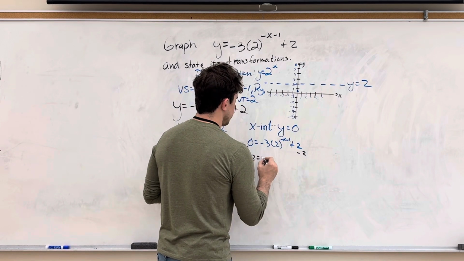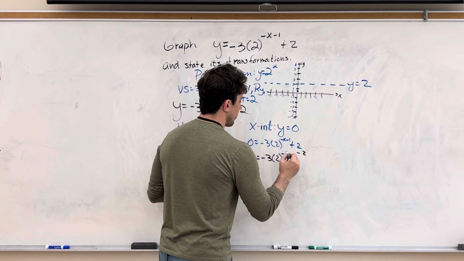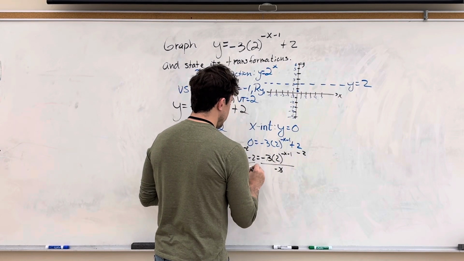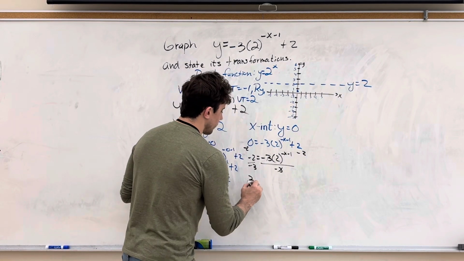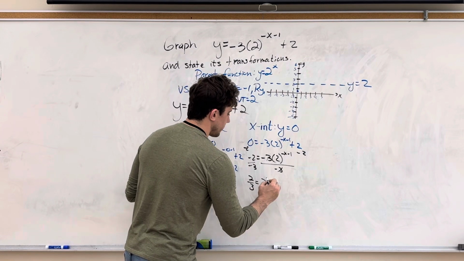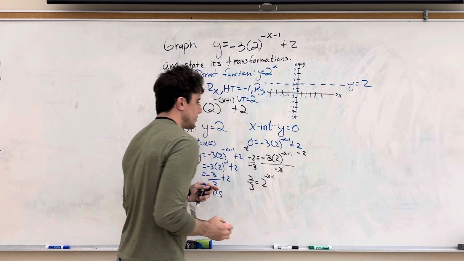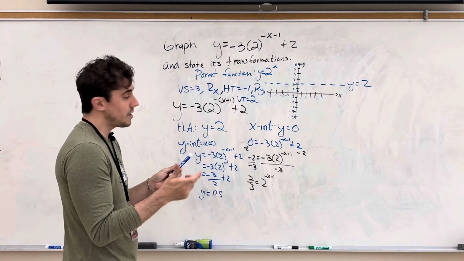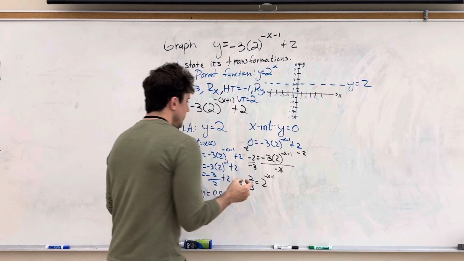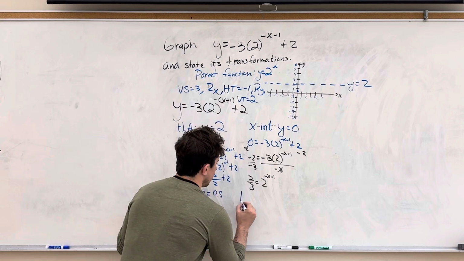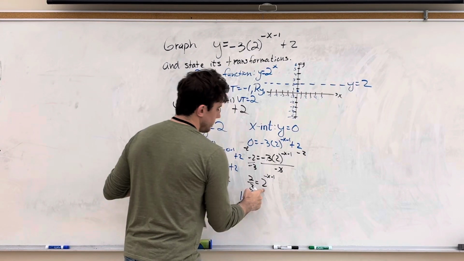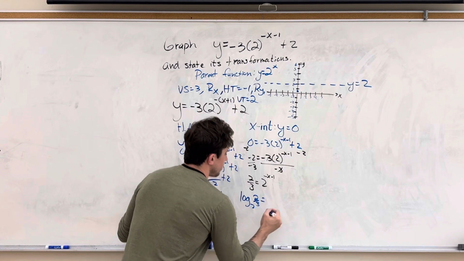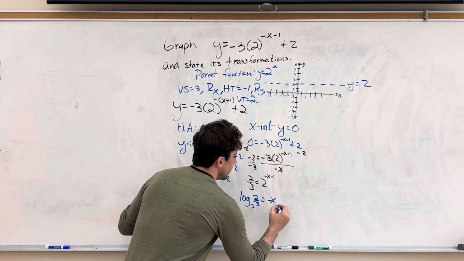So negative 2 is equal to negative 3 times 2 to the power of negative x minus 1. Then we'll divide both sides by negative 3, meaning that 2 over 3 is equal to 2 to the power of negative x minus 1. And now we take the logarithm base 2 of both sides. So the log base 2 of 2/3 is going to be equal to the exponent negative x minus 1.